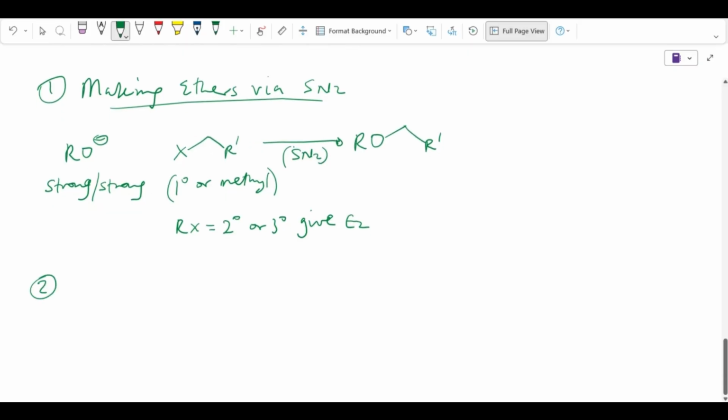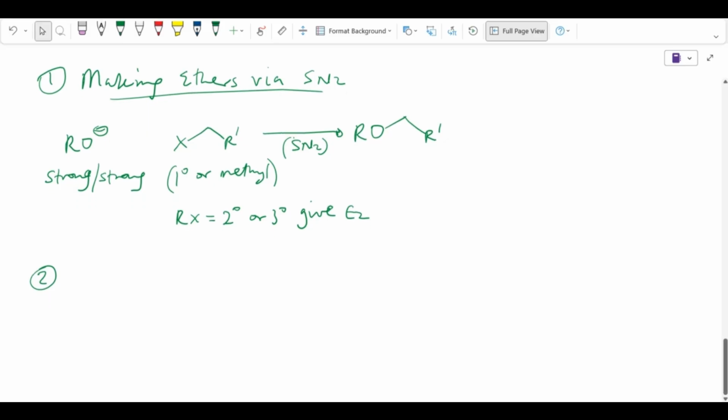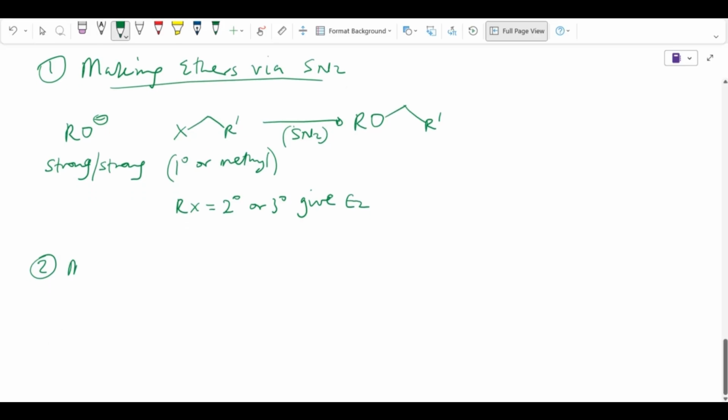Another method through which we can make an ether is via acidic conditions. So, making ethers under acidic conditions.